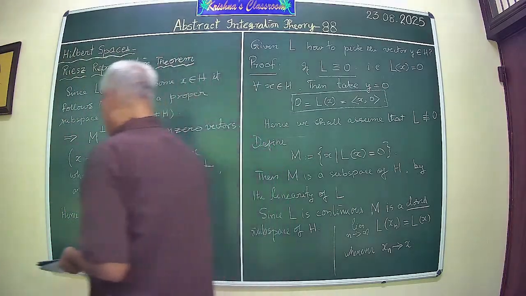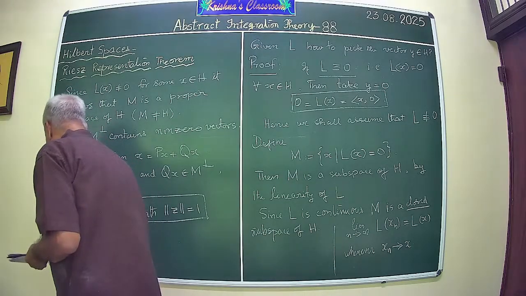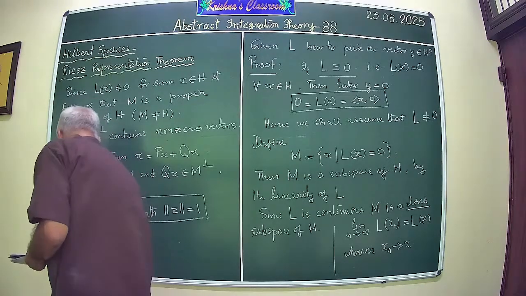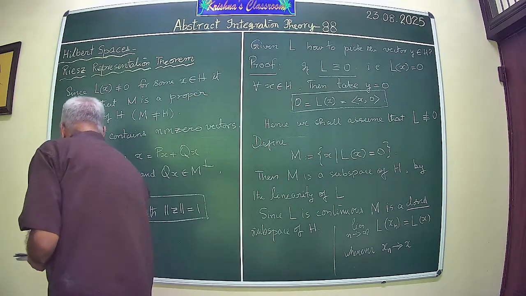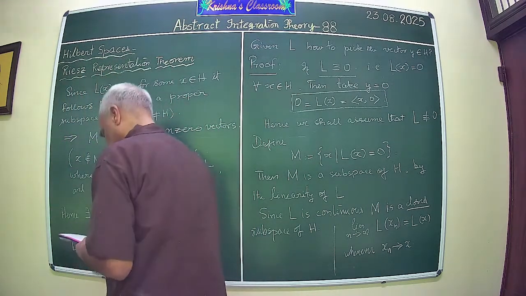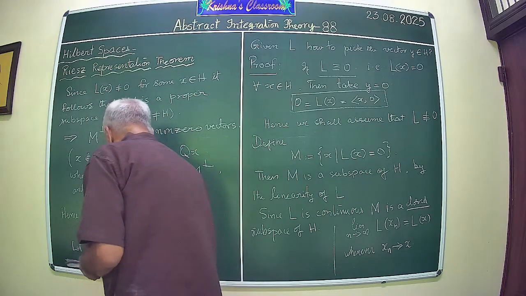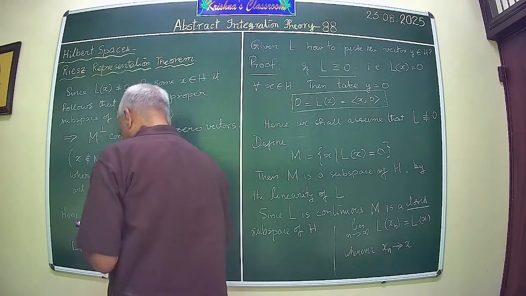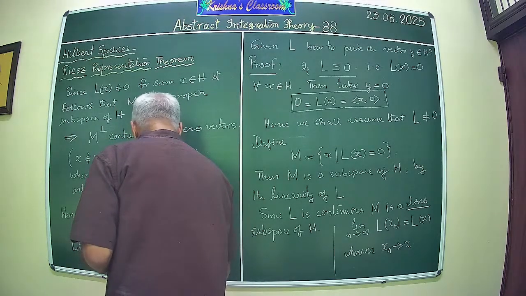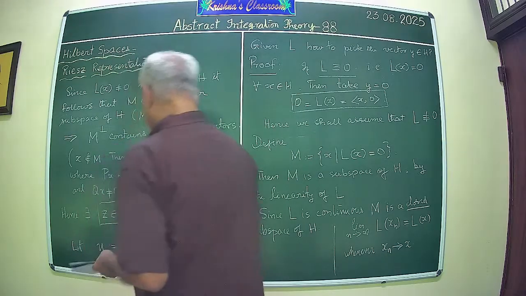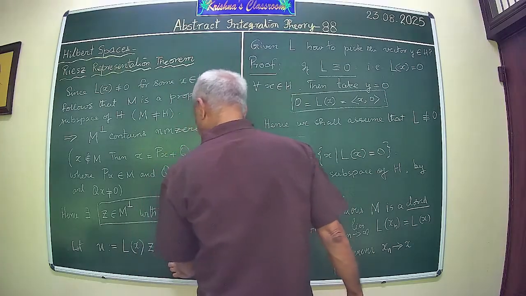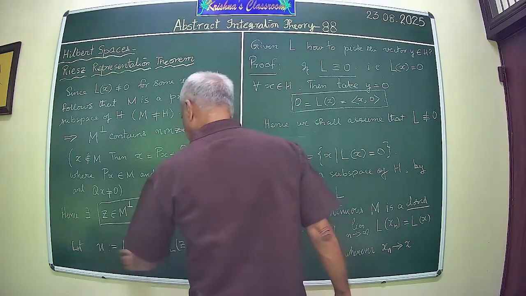Now we let u be a vector defined by Lx z minus Lz x, so it's a linear combination of z and x, where the scalars are Lx and minus Lz. So we define such a vector.